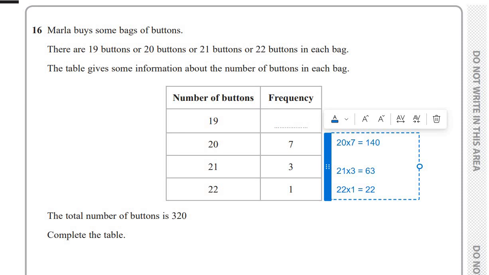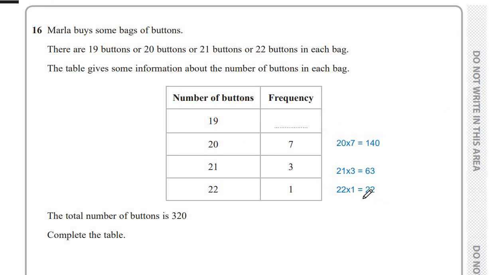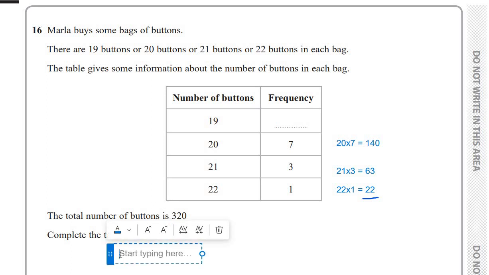So now let's add these up, and whatever we get, we need to subtract that from the total number of buttons, 320. So the calculation is 320 take away the total of all the other buttons.